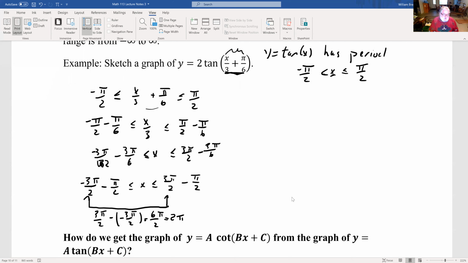So take this minus that for tangent, and that gives you the length of your cycle. Where does it start? Well, that's still this thing. It starts at pi over 2.